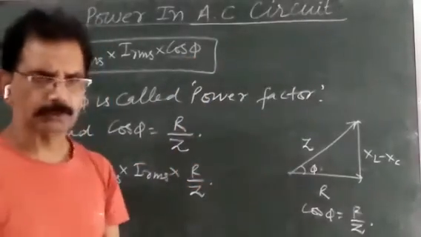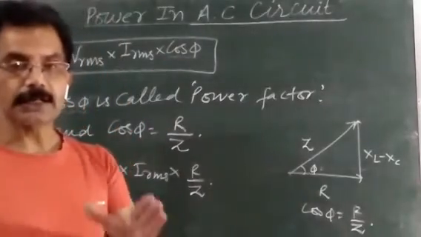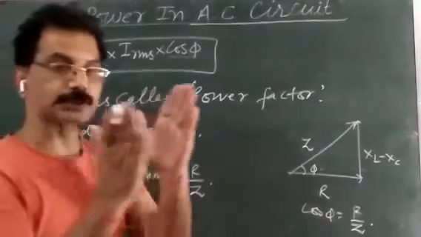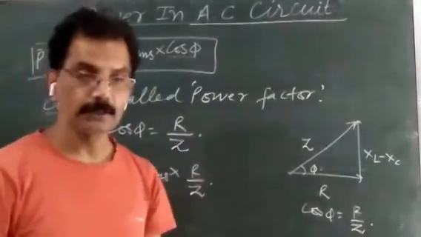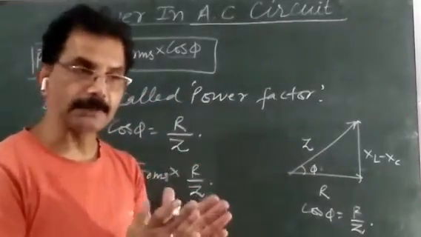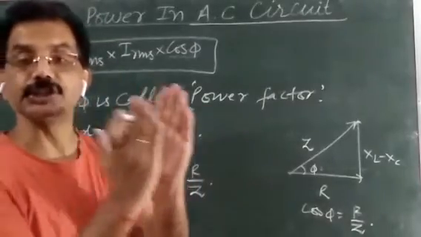Now, several times this question is asked. If anybody asks you, if the circuit contains a pure resistor, then how much will the power be? So when the circuit contains a pure resistor, at that time the phase difference between the voltage and current is zero.